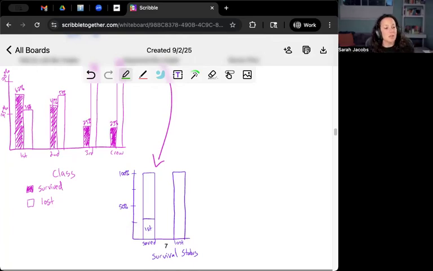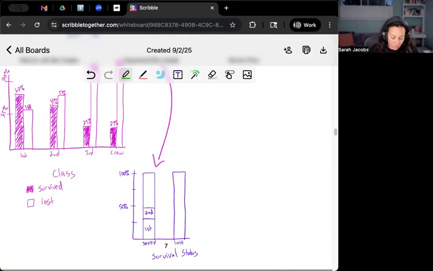And then of the survivors again, 118 out of 711 was about 17%. So from about 28%, 17, 45, so like just under 50%. There's your second class.